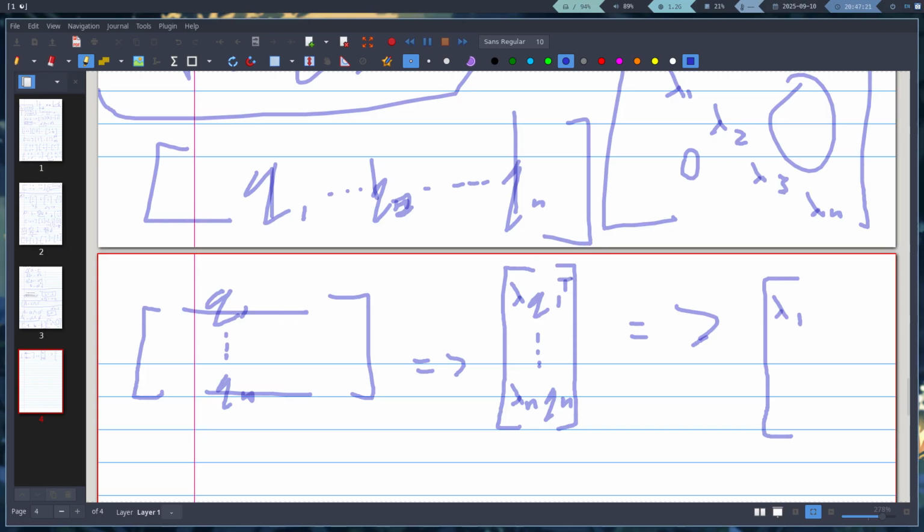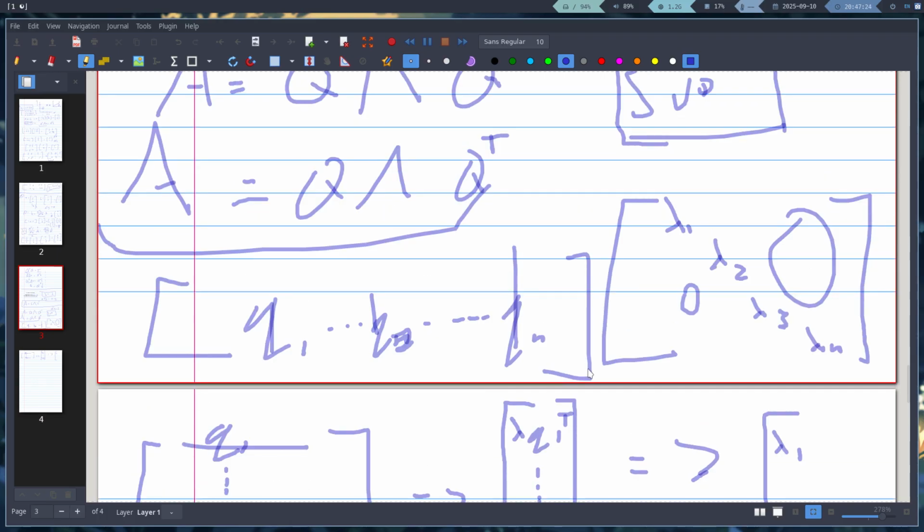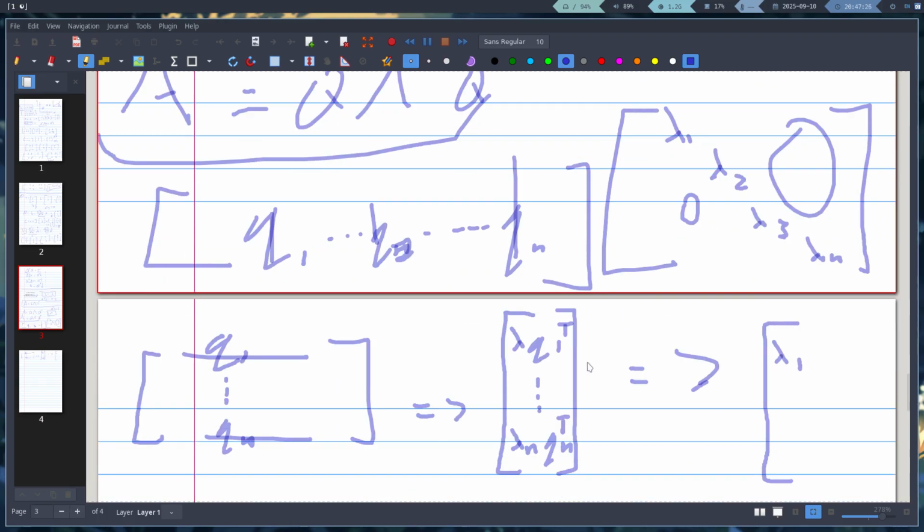By the way, this is Q1 transpose, Qn transpose. That's my bad, I should have put that in there to be super clear. So what you end up with is lambda 1 Q1 transpose.